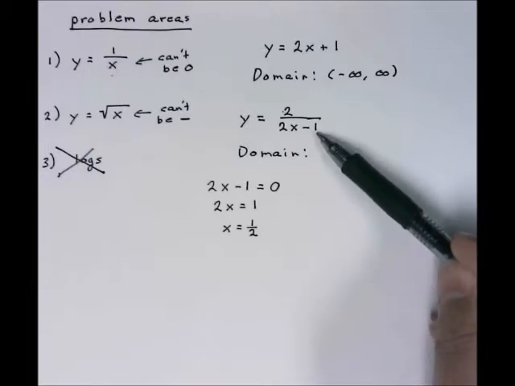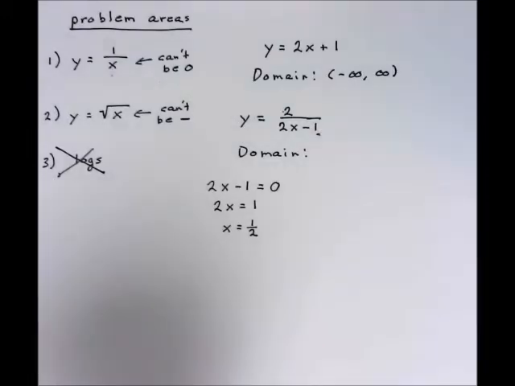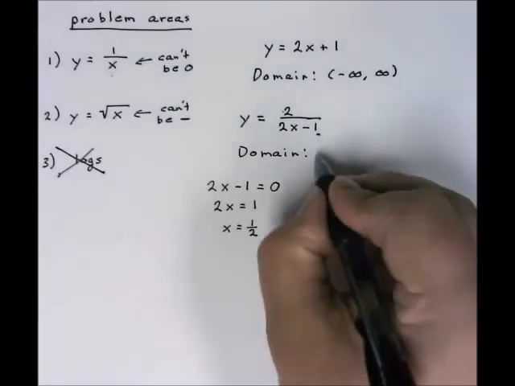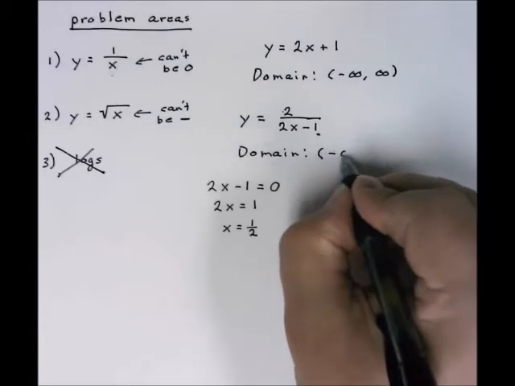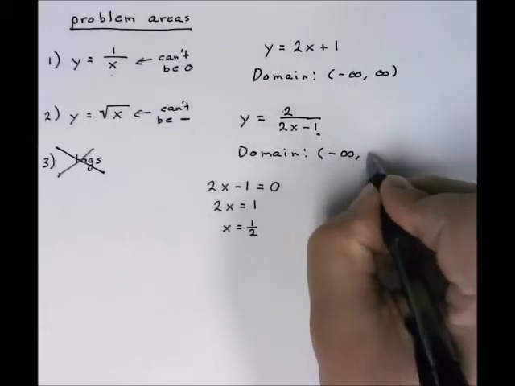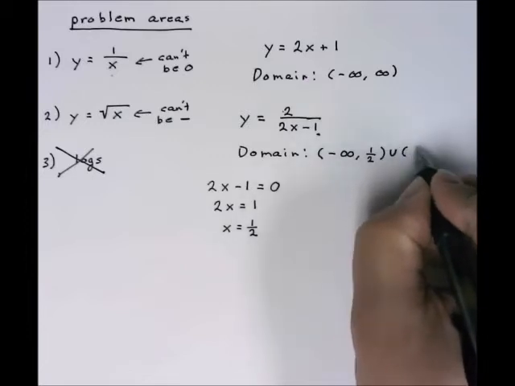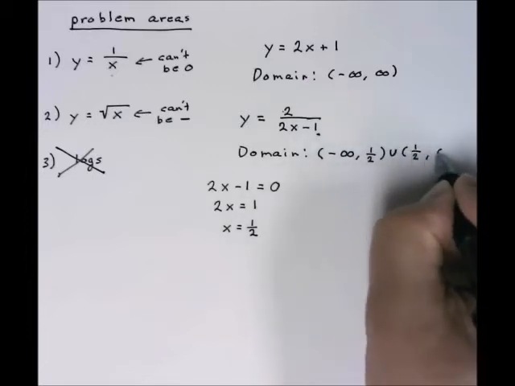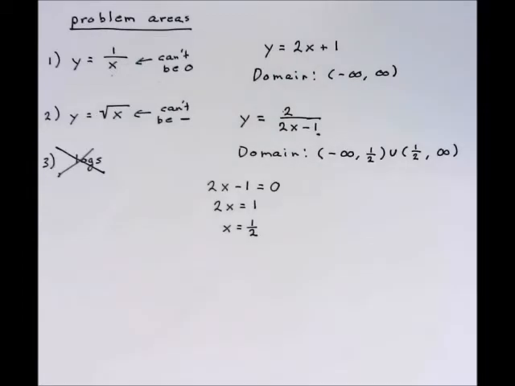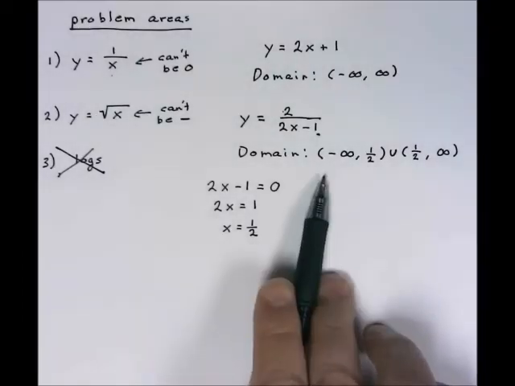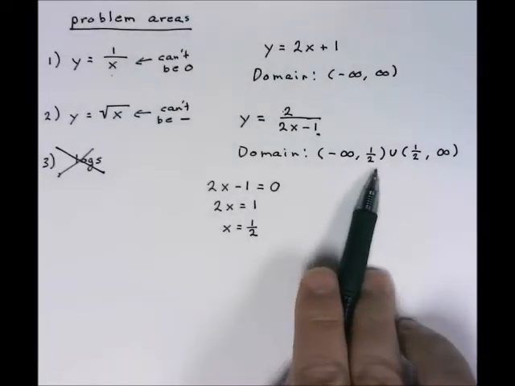So what I have to do is start with all real numbers and exclude 1/2. So how we exclude things is starting with all real numbers, write it like this. In other words, negative infinity goes up to 1/2. The open bracket means we're not including the 1/2.